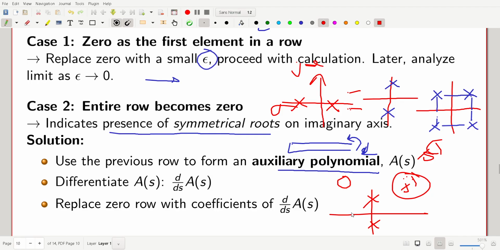So this is a combination of the first case and the second case, the first and second possibilities.